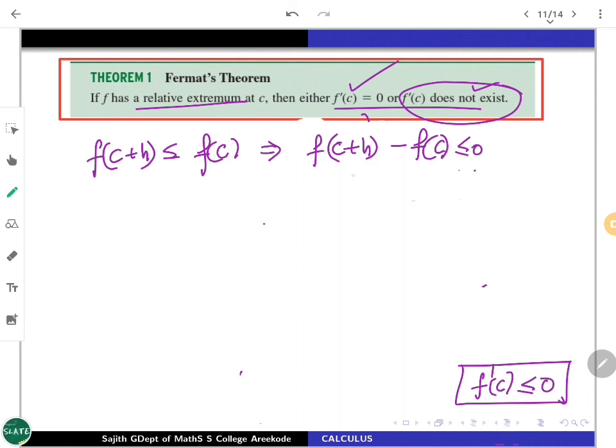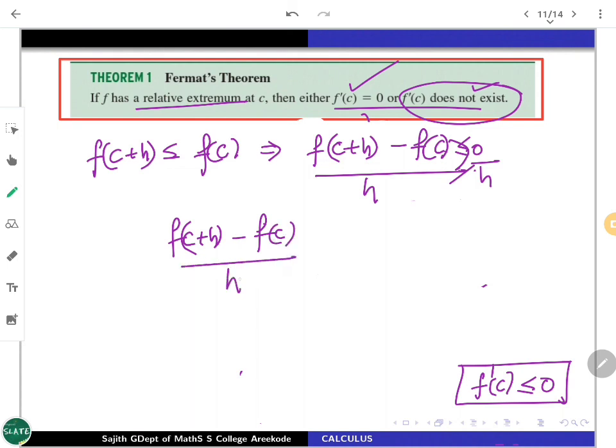But now my h is negative, so 1 by h is also negative. Multiplying by a negative number reverses the inequality. So what I get is f of c plus h minus f of c, times 1 by h, is greater than or equal to 0 now.